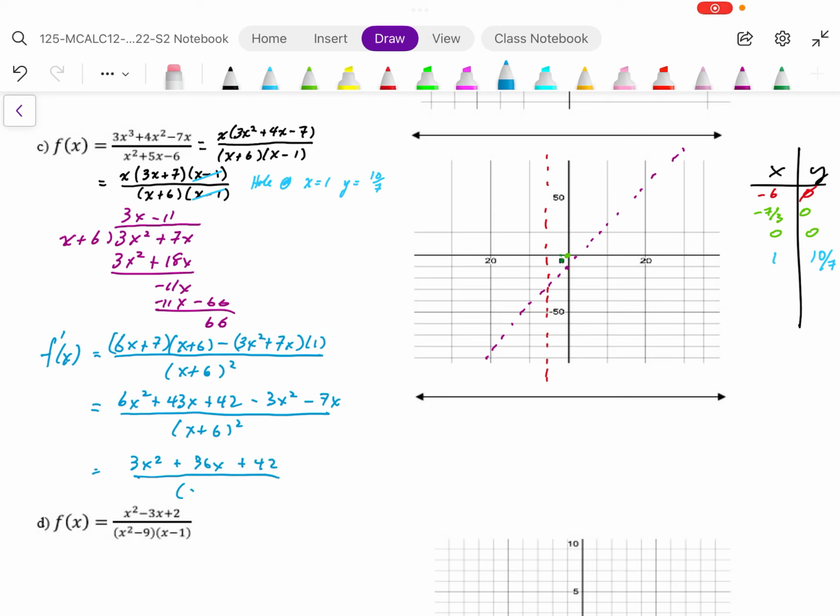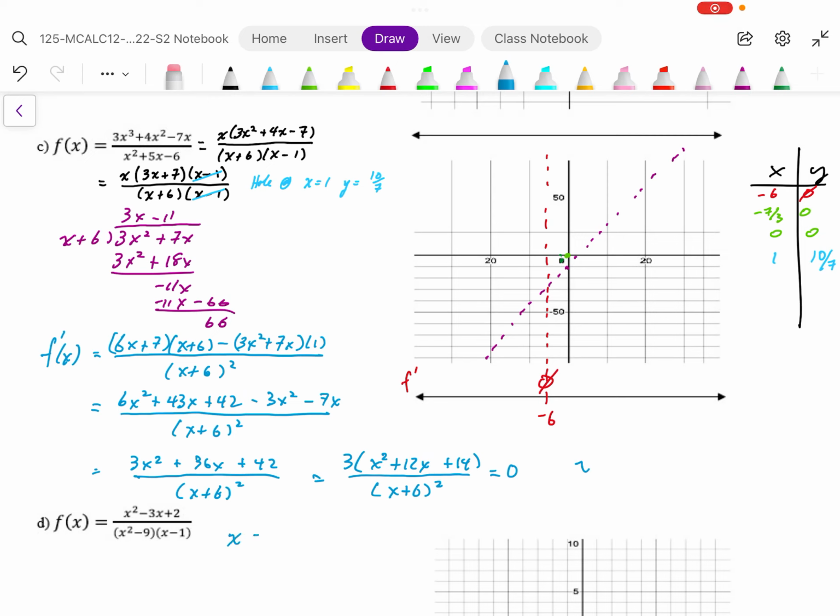Factor out the 3, and I end up with 3x squared plus 12x plus 14, and we're going to make that part equal to 0. I do have my vertical asymptote still at -6. So this is my f prime that I'm going to work out. I need to first figure out the zeros of this. This is not factorable, so I'm going to use the quadratic formula to find my zeros.